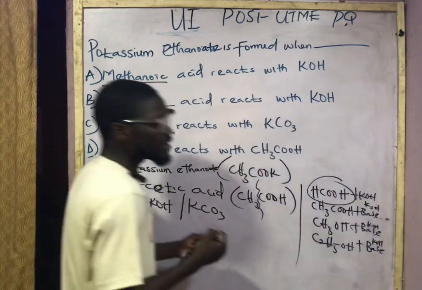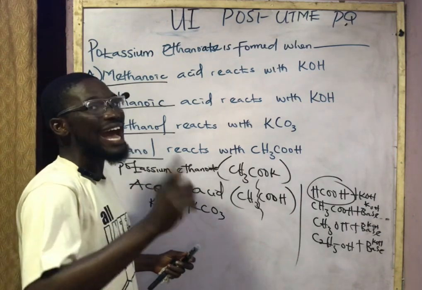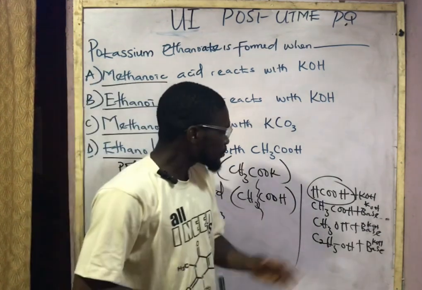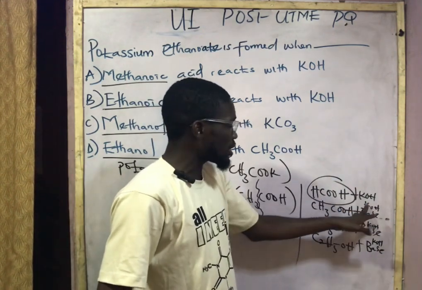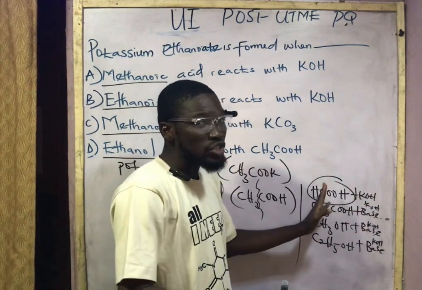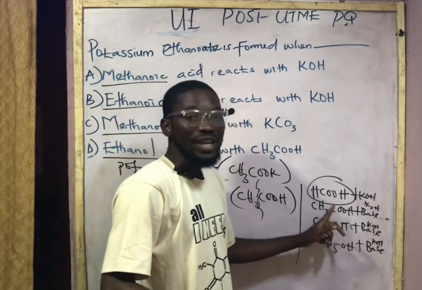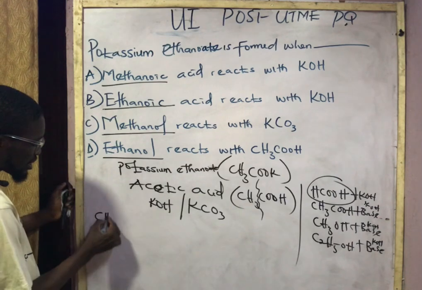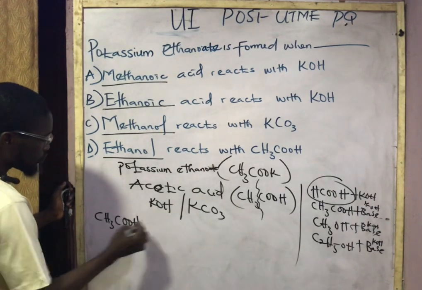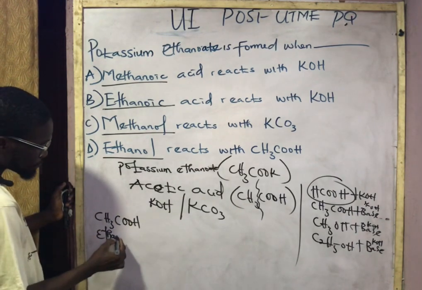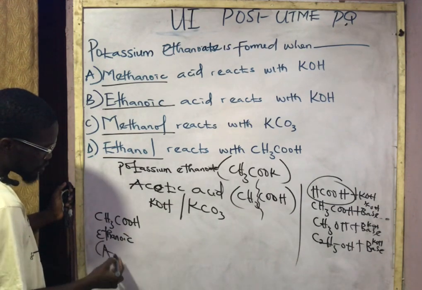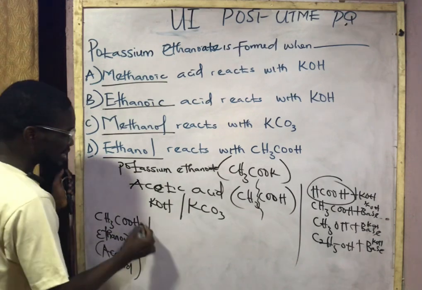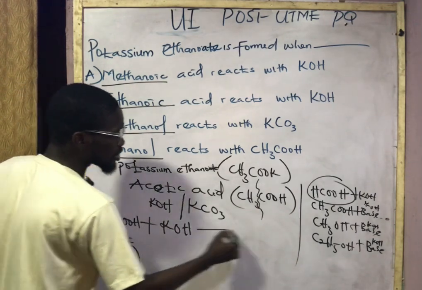Now, in case they ask you as a post-UTME student what you are going to have when methanoic reacts with this, I'm going to explain it using ethanoic plus the base. So guys, we have CH3COOH. We call this one ethanoic, and we can as well call it acetic acid. Please take note, plus potassium hydroxide.